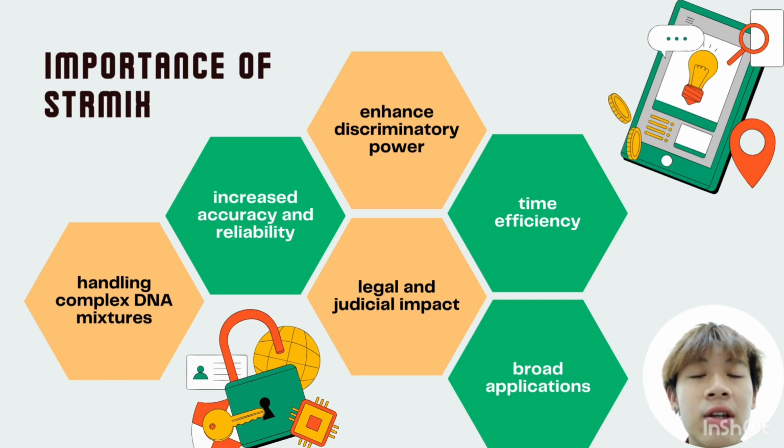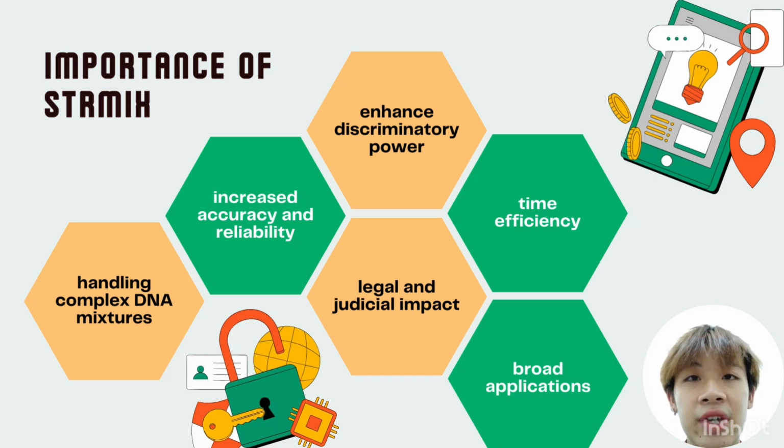Automating the complex calculations involved in DNA mixture analysis reduces the time required for forensic scientists to interpret results, allowing them to handle more cases efficiently. Last but not least, it aids in solving complex cases involving multiple suspects or victims by providing clear and accurate DNA analysis.